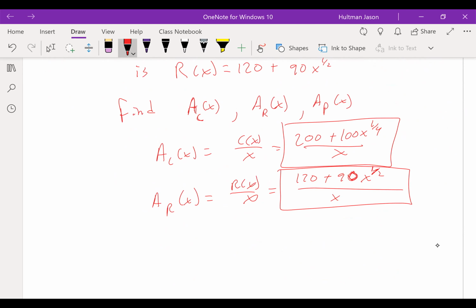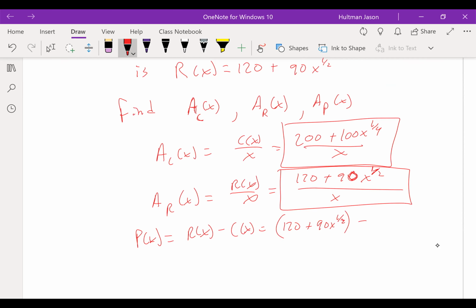Now, how are we going to find the average profit function? Well, let's find P of X first. P of X is R of X minus C of X. R of X was 120 plus 90X to the 1/2.